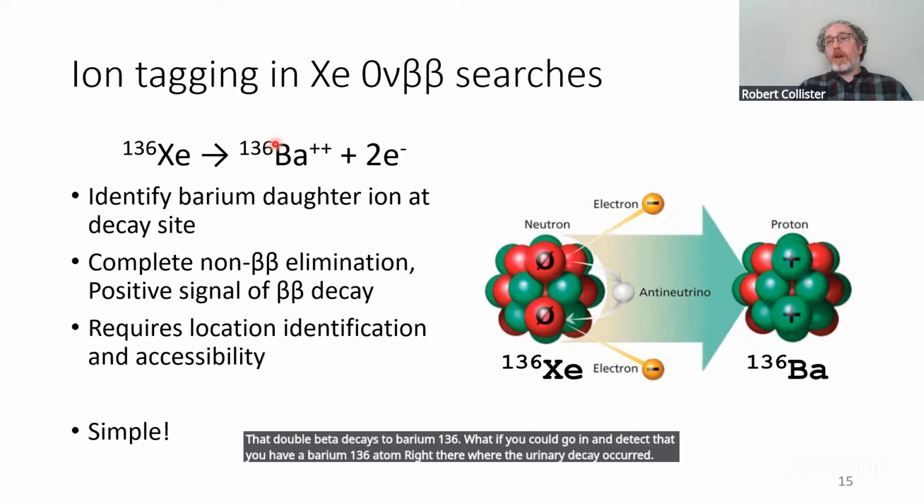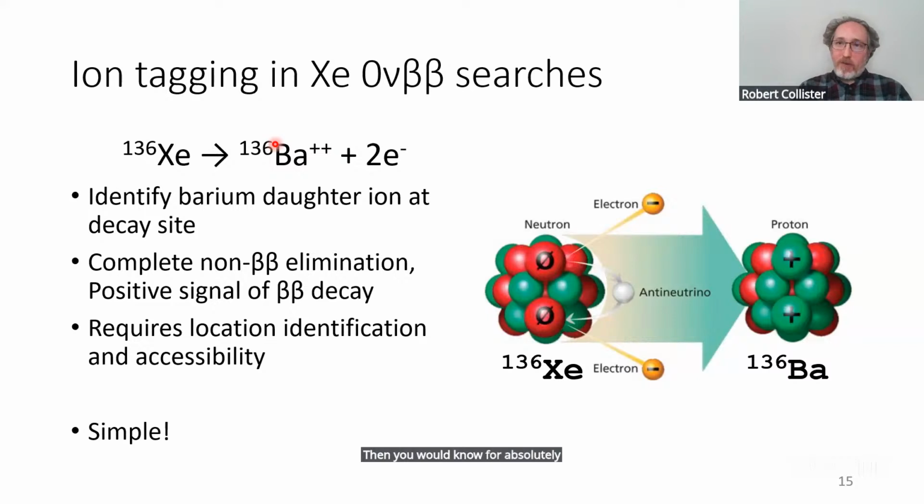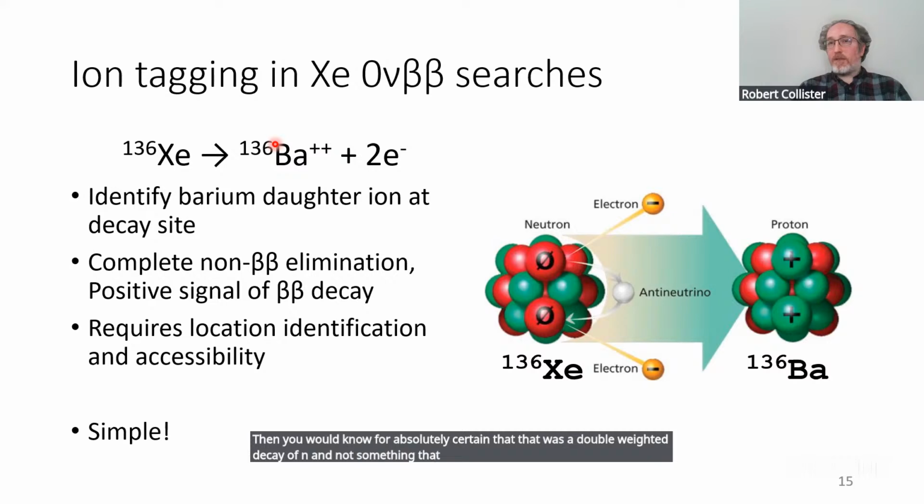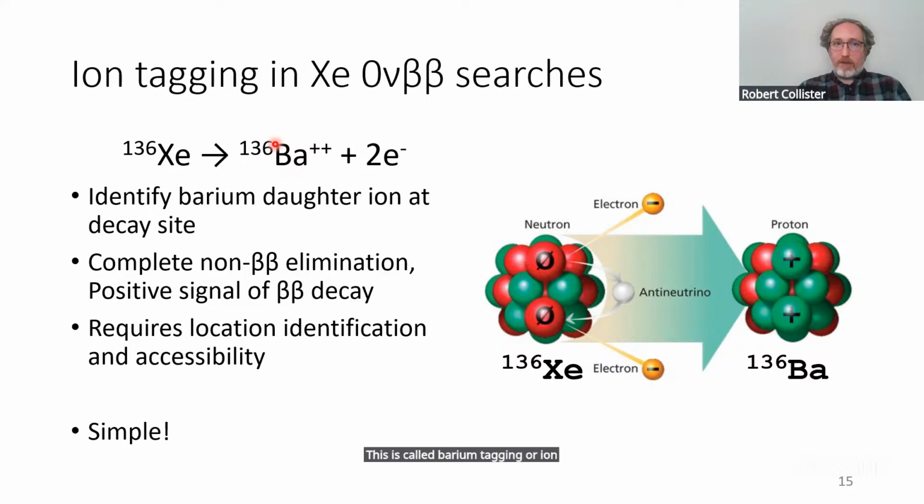Then you would know for absolutely certain that it was a double beta decay event and not something that mimics it, like something caused by an activated xenon-137, for example. This is called barium tagging, or ion tagging if you're not being specific to barium itself. It's a complete, strict elimination of all backgrounds that are not caused by double beta decay events.